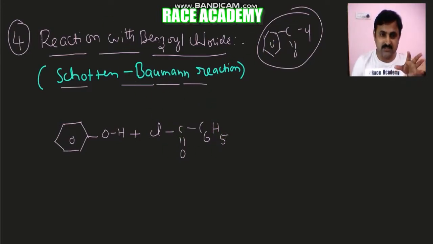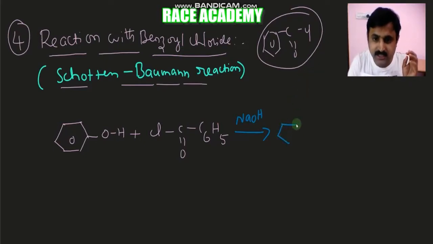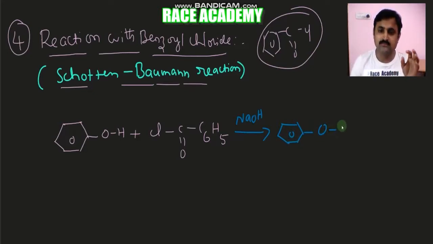If phenol reacts with this benzoyl chloride, then what will be the product in the presence of sodium hydroxide? Or you can say phenol is treated with benzoyl chloride vigorously to give a compound called phenyl benzoate. So here you will get a compound, CO, C6H5. This is called phenyl benzoate.